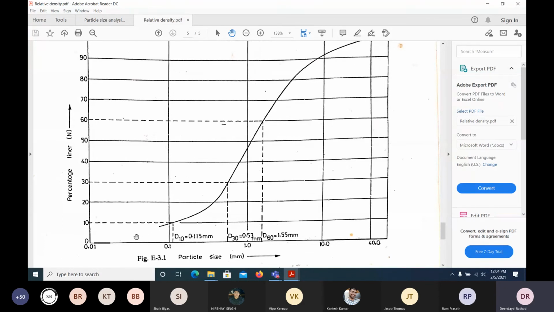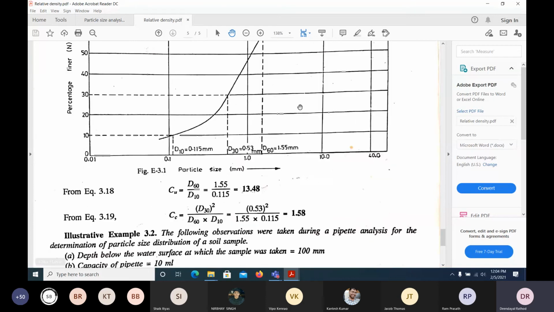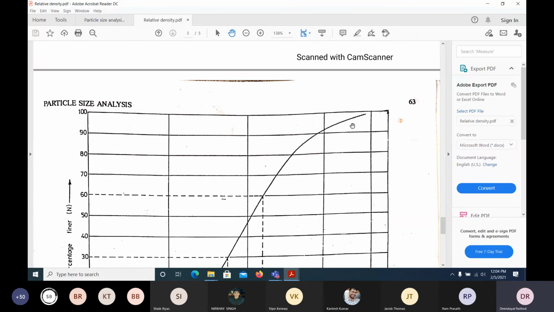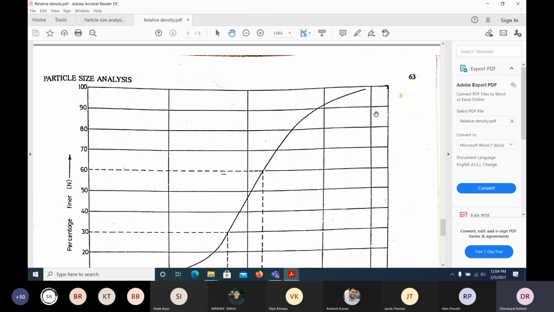Likewise, we can draw the remaining portion below the 75 also, and we can touch this curve. Understand? So till now we have drawn up to here.